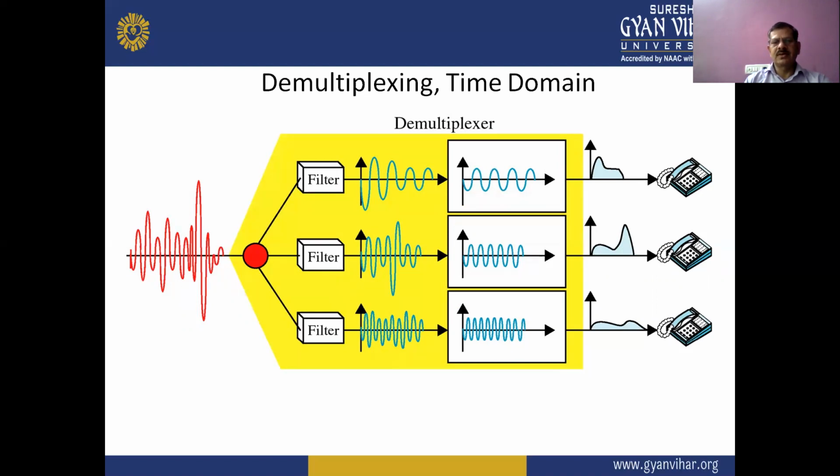These different frequency signals are converted into output signals with the help of the demultiplexing technique. So the FDM signal is converted into the different analog signals with the help of demultiplexing in time domain form.